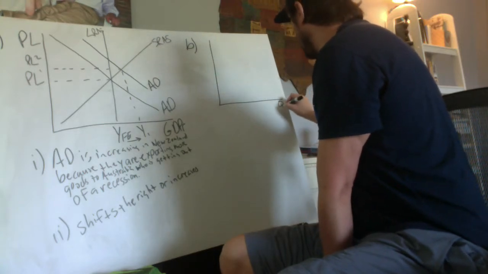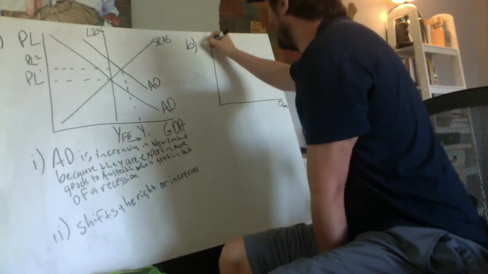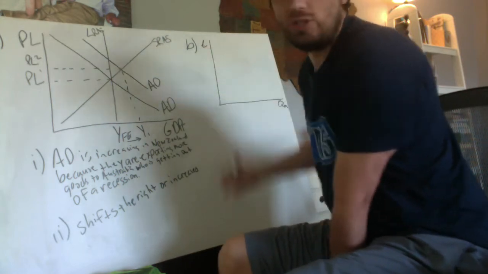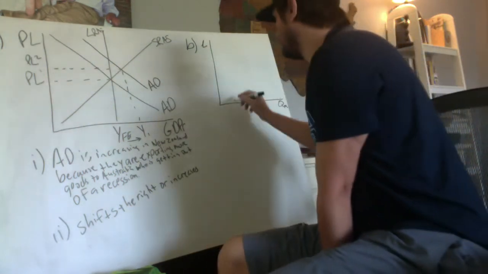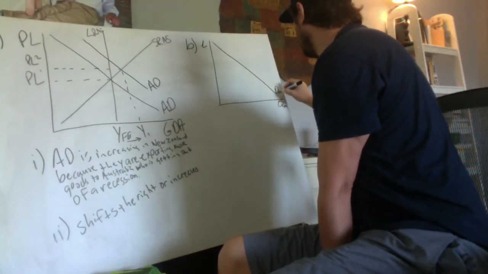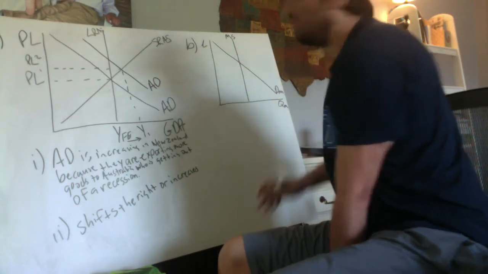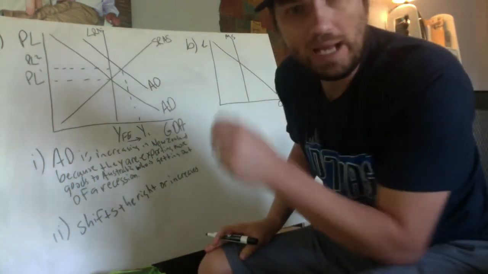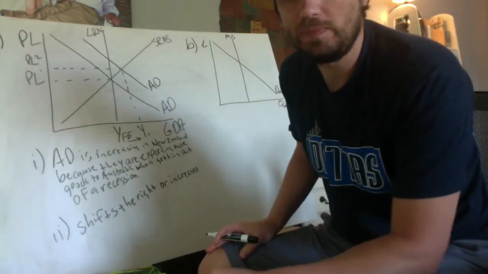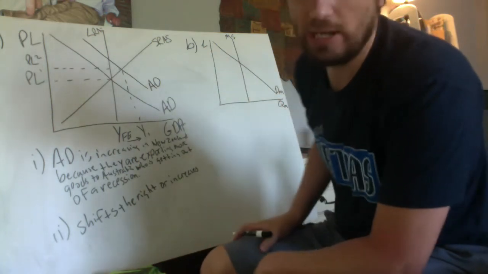This is going to be my quantity of money here, my nominal interest rate, which you can just draw as a cursive i, and then my demand for money and my money supply, which is vertical, because it doesn't have a relationship between interest rate and quantity.